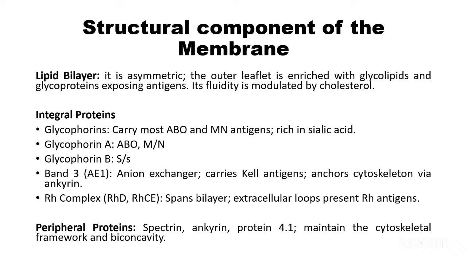Those are the integral proteins because some blood groups are carbohydrate based, while some are protein based. For instance, Duffy and Rh are protein based, while ABO are carbohydrate based. So all these things have their own importance. The integral proteins for the membrane are as listed on the slide.